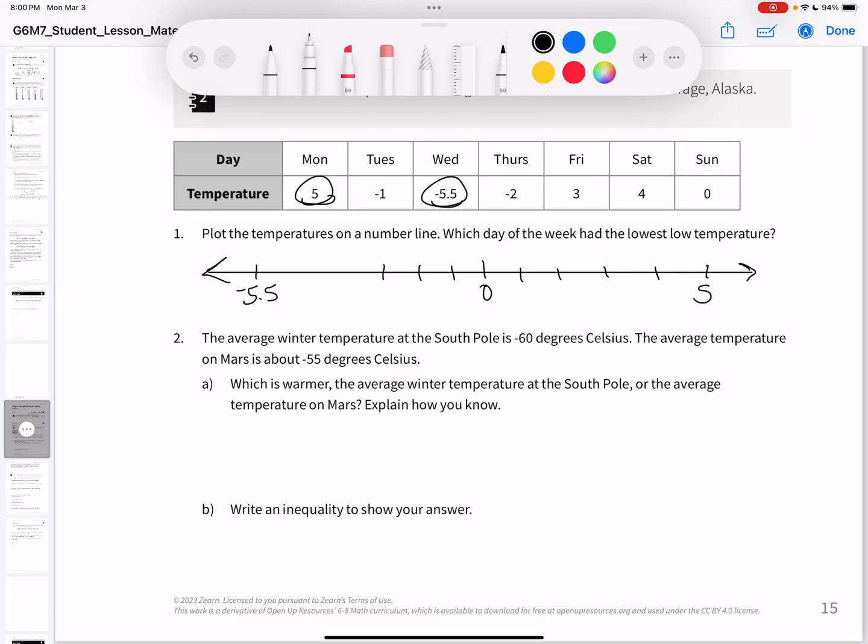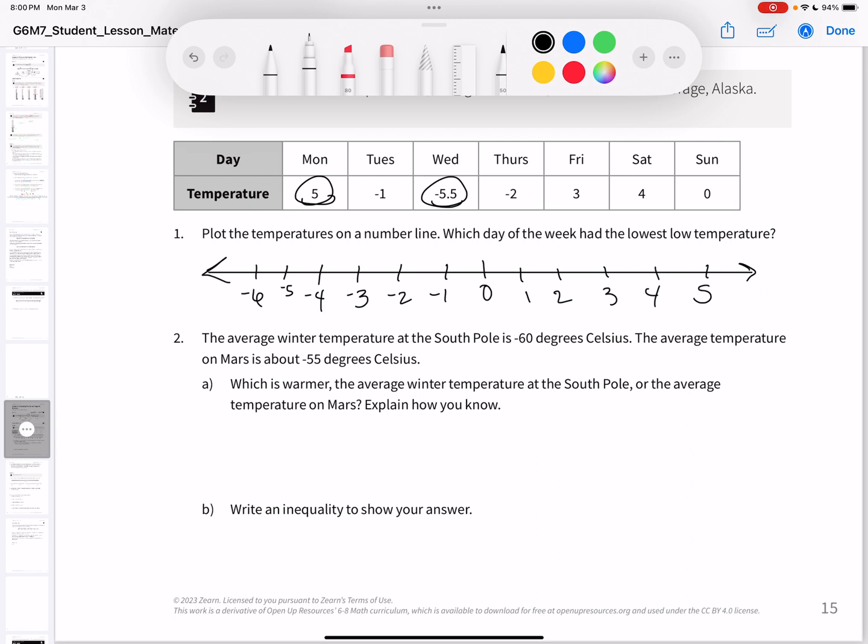Oops, I didn't spread that out enough. 1, 2, 3, 4, 5. All right. So we have 1, 2, 3, 4, and we have negative 1, negative 2, negative 3, negative 4, negative 5, and then we're going to make that negative 6. There we go. All right.